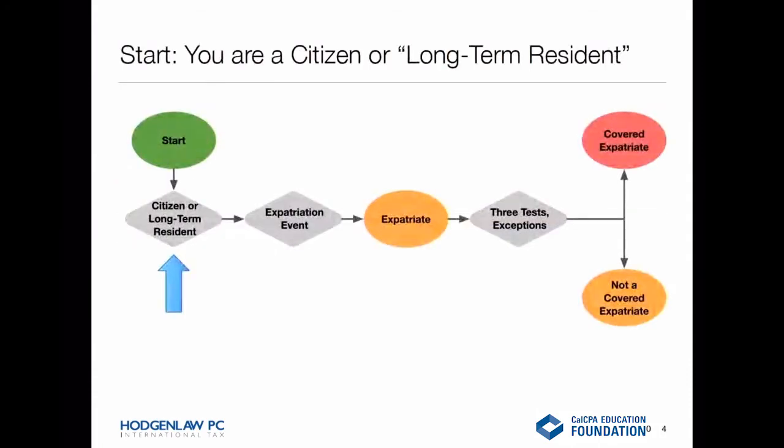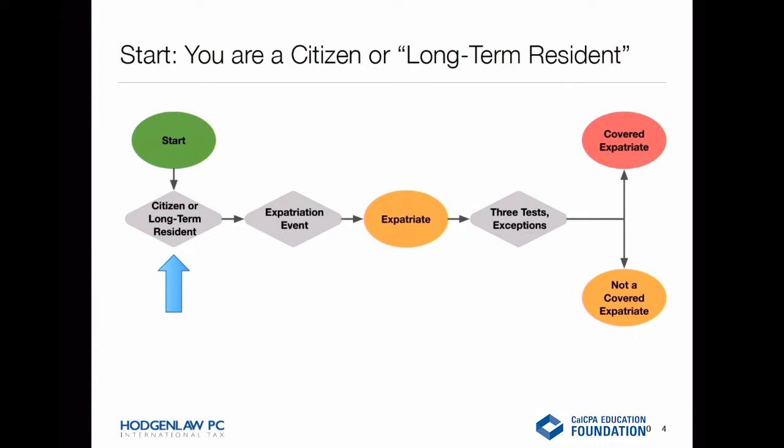Now, this is kind of our roadmap that we're going to be using throughout the presentation today. At the beginning, you go into the pipeline and you're either a citizen or a long-term resident. Those are the only two types of people that can become expatriates. So if you're not a U.S. citizen and you're not a long-term resident, then none of this can apply to you.